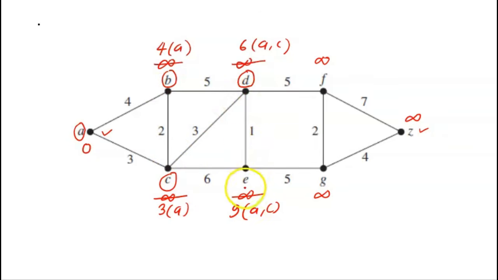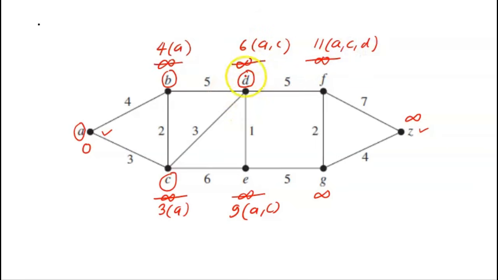So I am going to look at E and F. What label do we need to assign now? D to F is the distance 5. This is 6, so I have to label it, and 6 plus 5 becomes 11. So I will write 11, A comma C comma D.